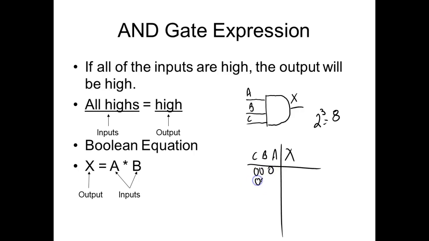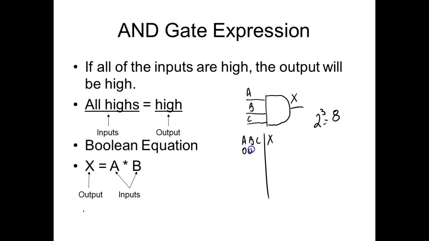So we can just start counting: 0, 1, 2, 3, and so on up to 7. There's all my 8 input combinations, right?